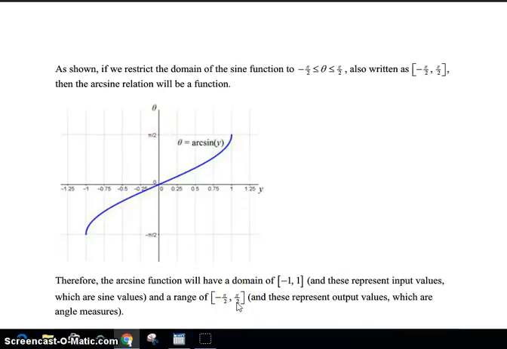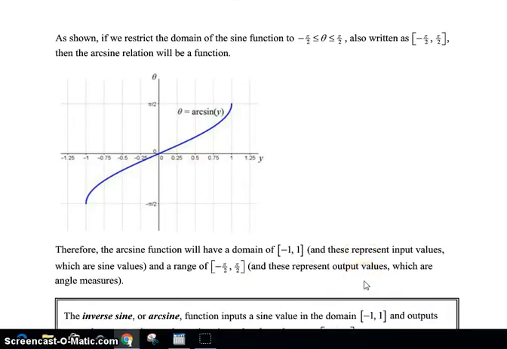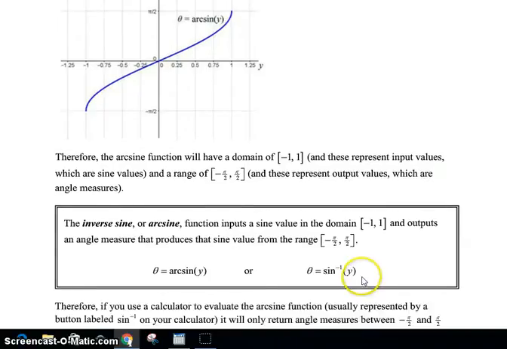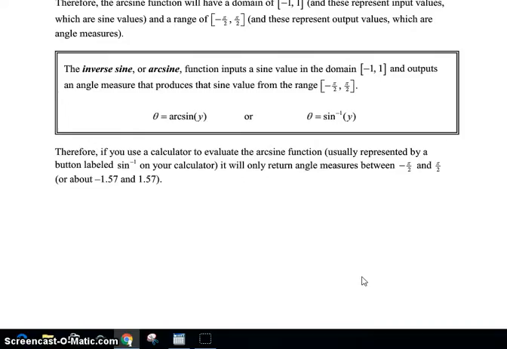And that used to be the domain of sine, but now they're the output values for arcsine. Okay, so at the bottom of this page, I believe we're on page 85. There it is. We've got the definition for arcsine, the domain of arcsine, which used to be the domain. The domain of arcsine was the range of sine, and then the range of arcsine are these angle measures.